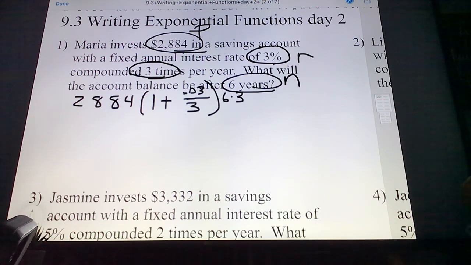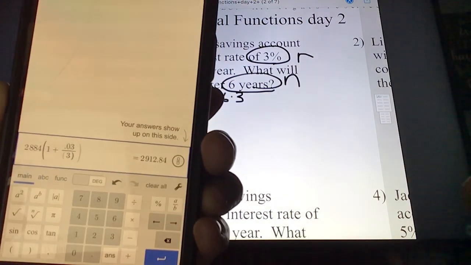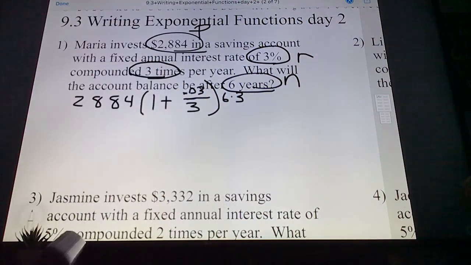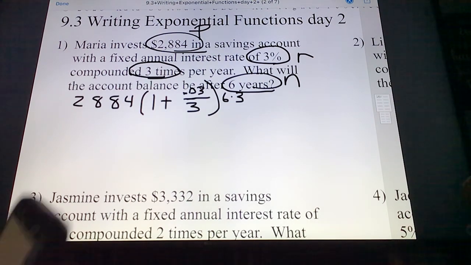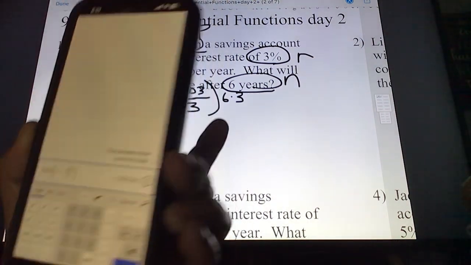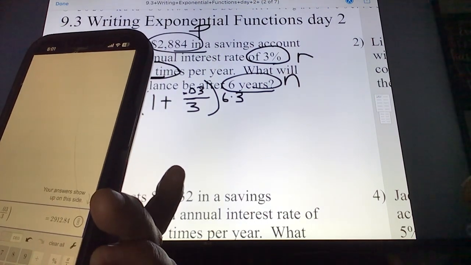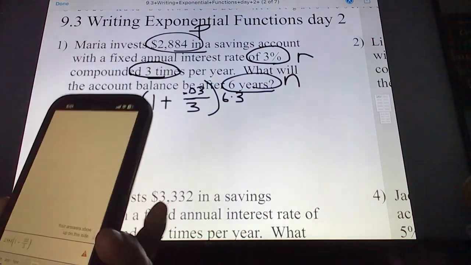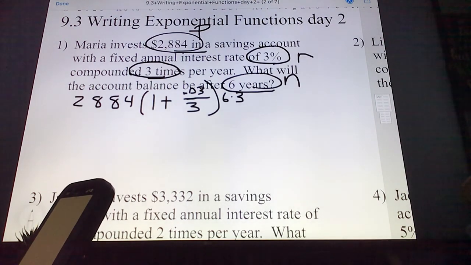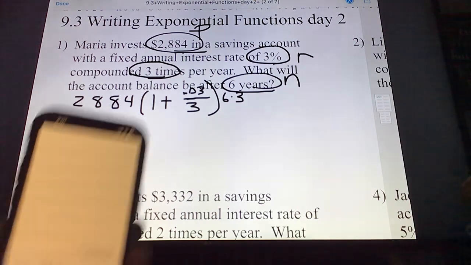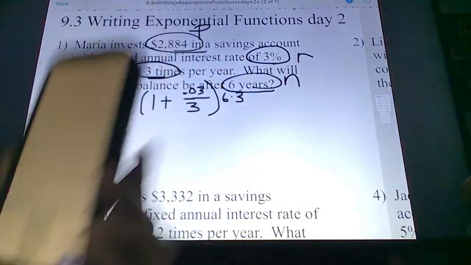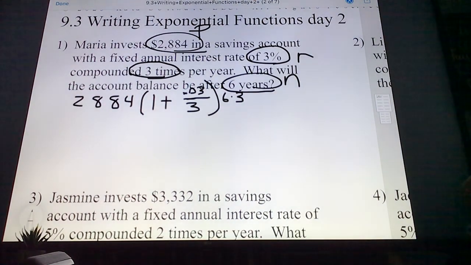You see here, I closed the parenthesis and it's not closed right. So make sure you hit that over button and close the parenthesis where it belongs. Then hit your x to the empty box button, which is the power button, and say 6 times 3. If your calculator won't do that, like the Desmos one will not, you're going to have to do 6 times 3 in your head, which is 18.